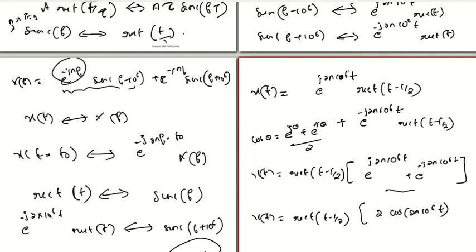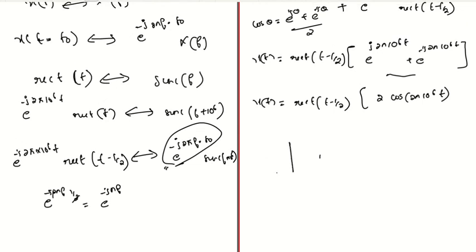And now we will see our energy, right? Actually our rectangle which is shifted, actually this was our rectangle minus 1 by 2 to 1 by 2. Now it is shifted to the right side by 1 by 2, right?